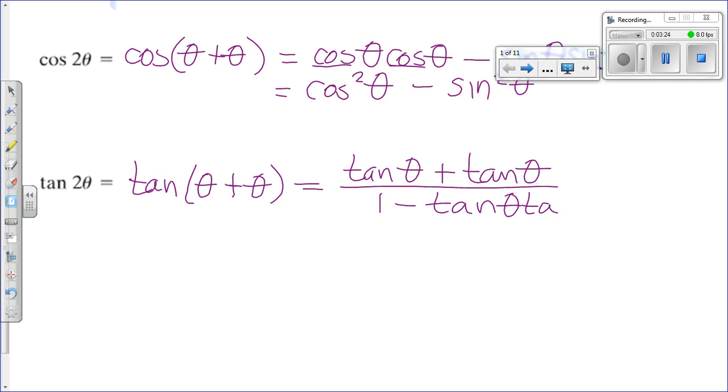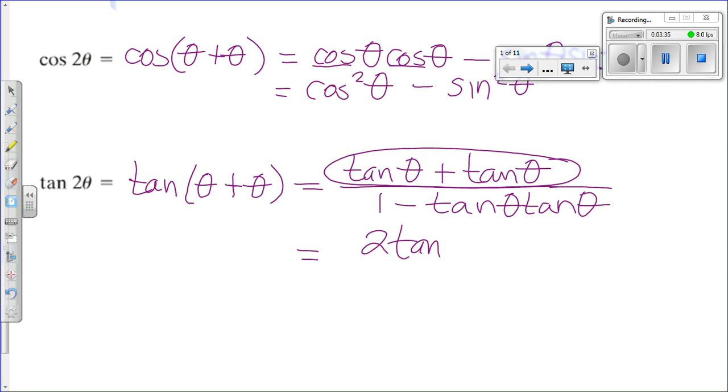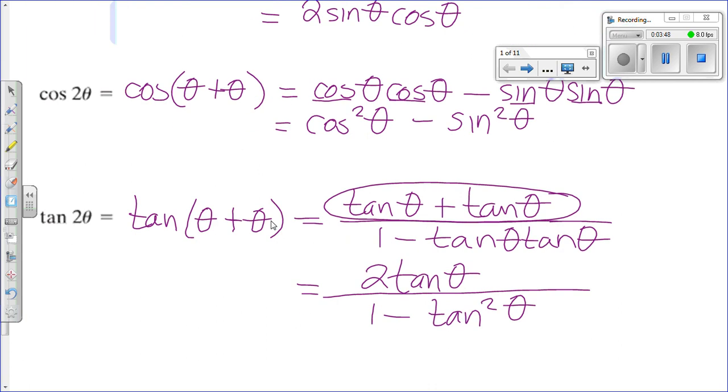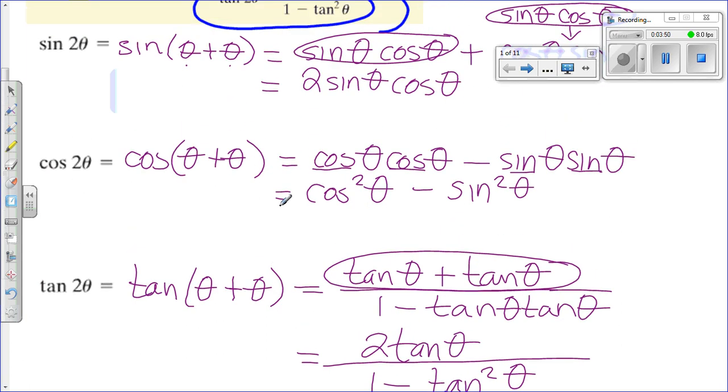Plus? No, it's multiplying. Like that? Okay, so if we do that, we will get on the top, if we combine those two quantities, we have 2 of those, so 2 times tangent theta. And then on the bottom, we will have 1 minus tangent squared theta. Is that what we have up here? Yes. Okay, wonderful.